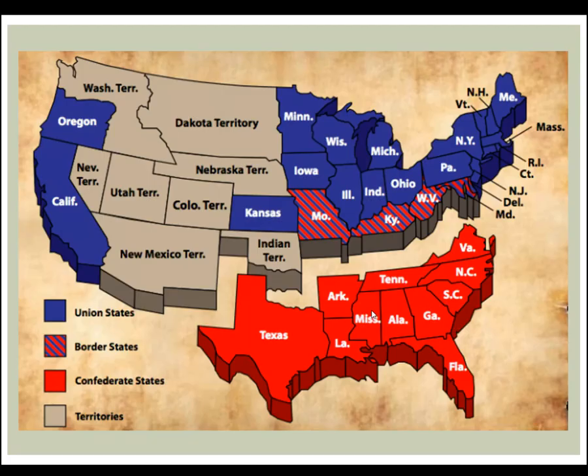Here you can see a map, the northern part of the map where the blue and the gray and even the border states there, all of that is part of the Union, the United States. These are the states and territories that did not secede from the United States. The red area are all of the states that seceded from the United States and formed the Confederate States of America.